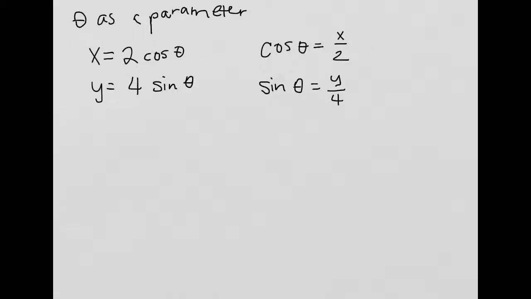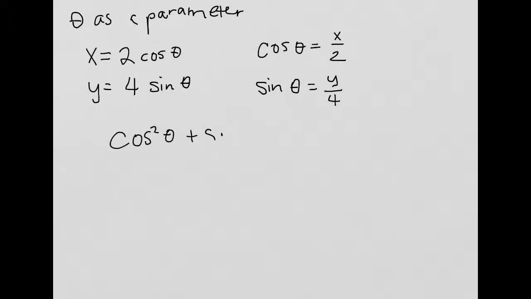Now, to get rid of the parameter, I need to substitute those in. We do know a Pythagorean identity that will allow us to do that, right? If I use cosine squared theta plus sine squared theta equals 1, and I substitute in x over 2 for cosine and y over 4 for sine, I can make this calculation.